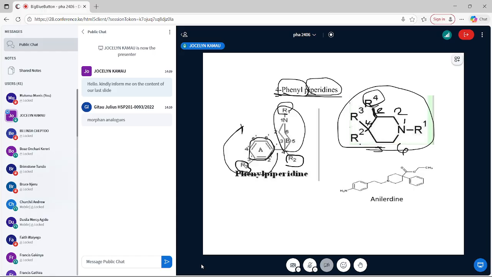So that is very important for us to note. In most of the compounds, R4 is a hydrogen, but there are some compounds where R4 is a small methyl group. And if that is a small methyl group, that position now becomes a chiral center, and therefore the stereochemistry of that ring matters.